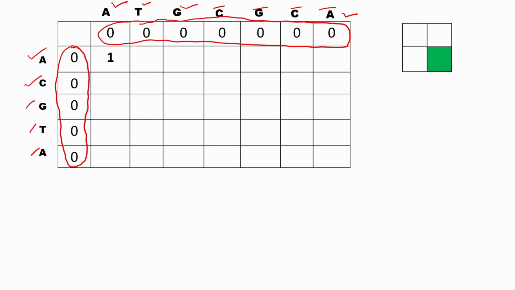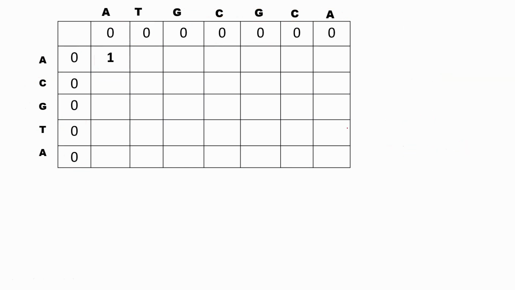So now we talk about what should be the value in this particular box. For this, we'll first check the score in the previous box placed horizontally. The score in the previous box was 0. We will add the gap penalty of -2 here. So 0 added with the gap penalty, that is -2, results in 0 minus 2, that is equal to -2. Fine. Now we'll see the value in the vertically placed box above the box which is to be filled.